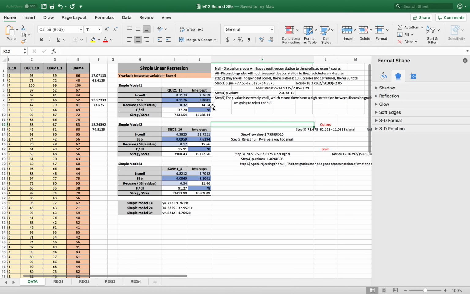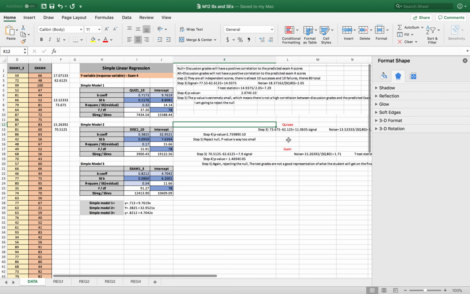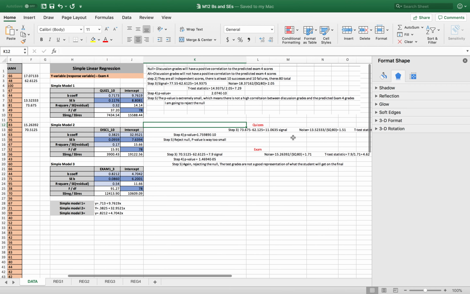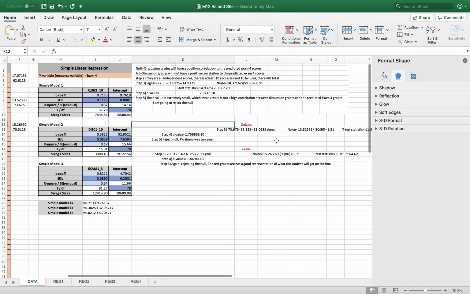That is how you can see I did the discussion. The next one says for hypothesis testing involving quiz 10 and exam 3, you only need to show steps 3 to 5. So let me show you that. Here I did the same for quizzes. I started at step 3, and for the signal, I just subtracted the means from each other.